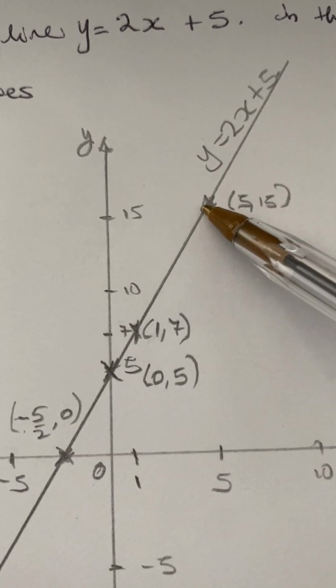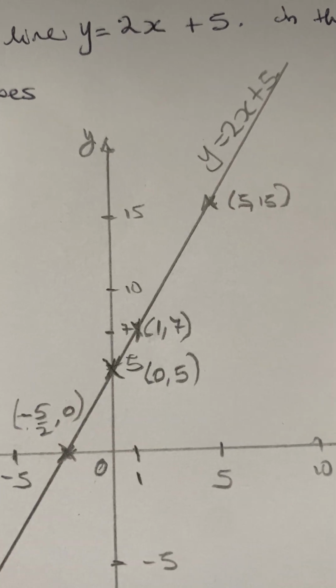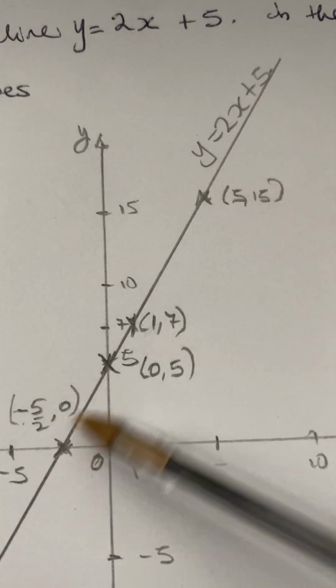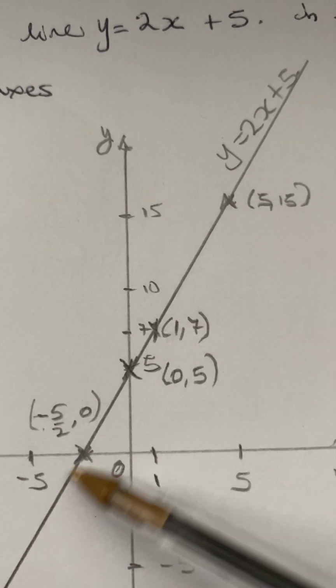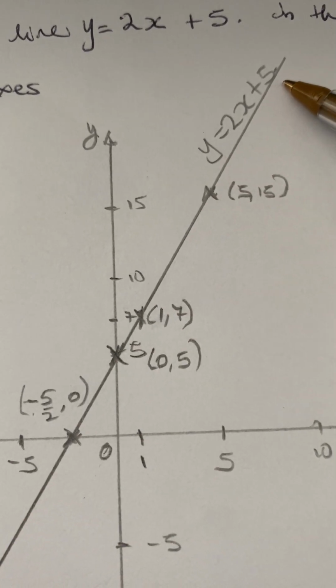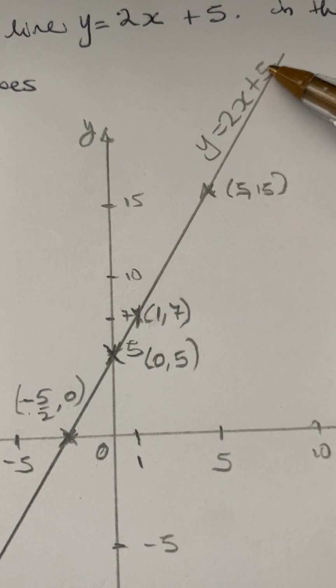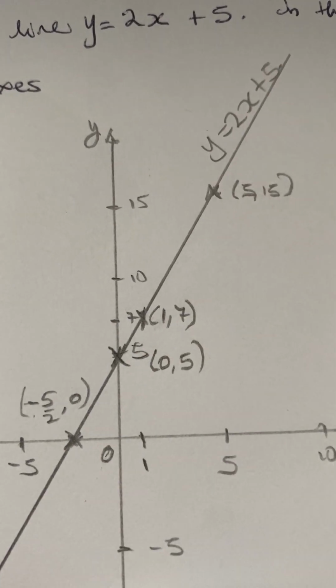You can always do 2, 3, 4 points, join them, because in the end you still get the same line. So this is how we draw the line graph.